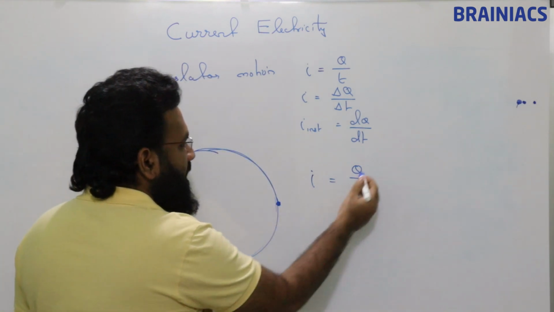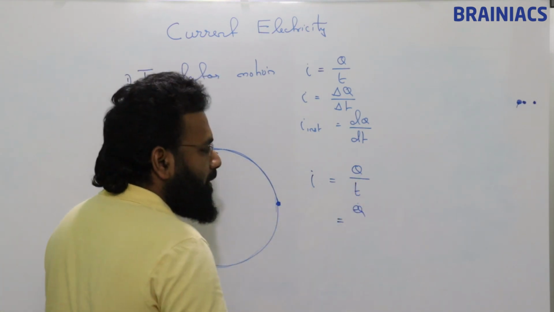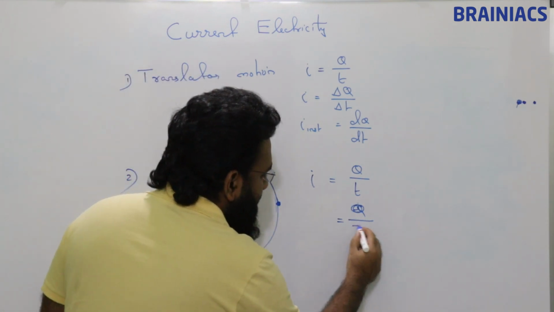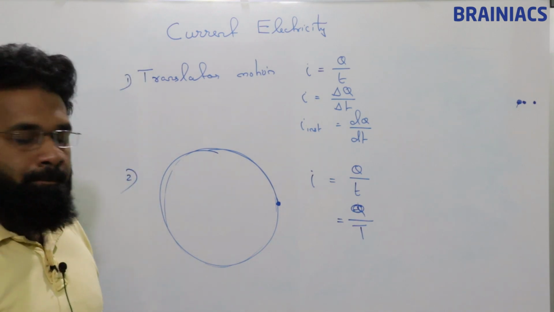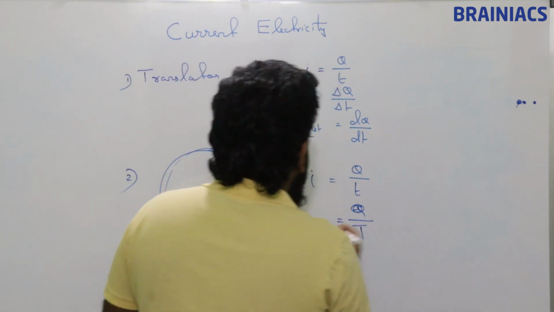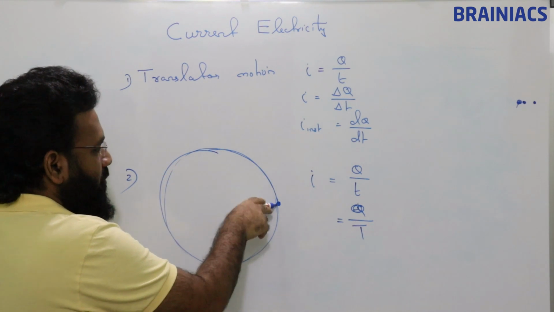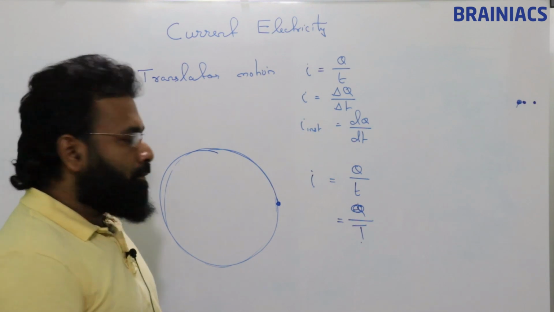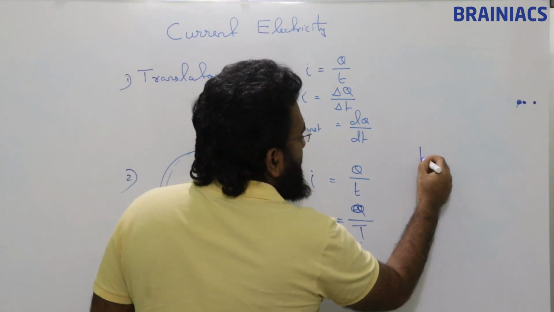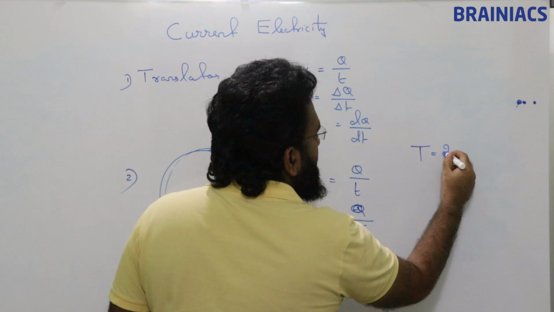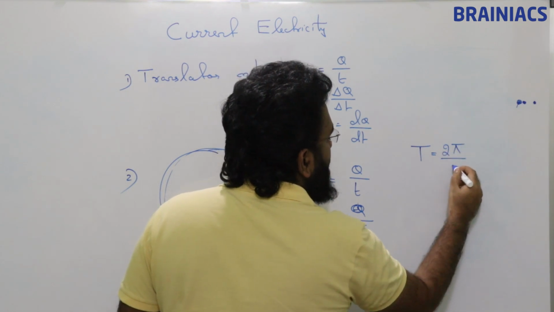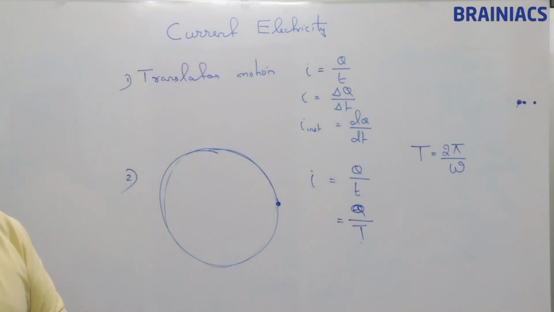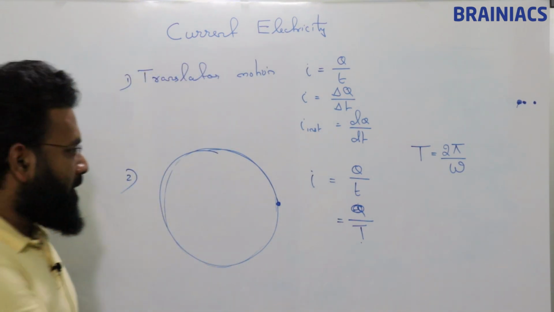Whatever the charge is, we can put it here, Q divided by the time, that is time period T. The time taken for the charge to move one full cycle is called the time period T. What is the formula for time period T? It is 2 pi by omega, where omega is the angular frequency.